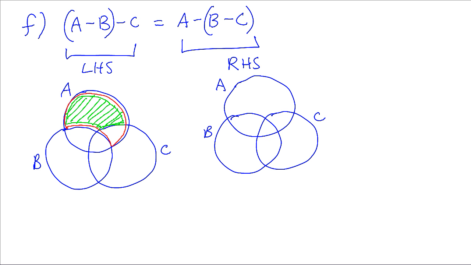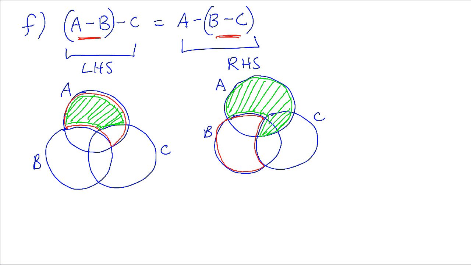Now I'm going to start over on the right hand side, and in red I'm going to make the B minus C first. Here I made the A minus B first. Now I'm going to do B minus C in red. B minus C, I let C cut B off, sort of. There's B minus C, and now I'm going to go A minus that in green. So I take the circle for A and subtract off this part here, and I'll color that green.